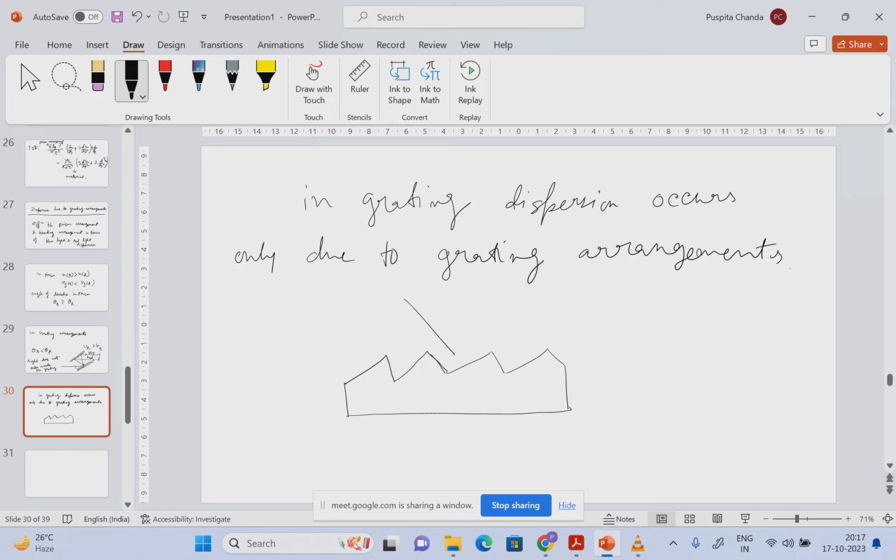So this is the angle. This is the normal at the angle of incidence.